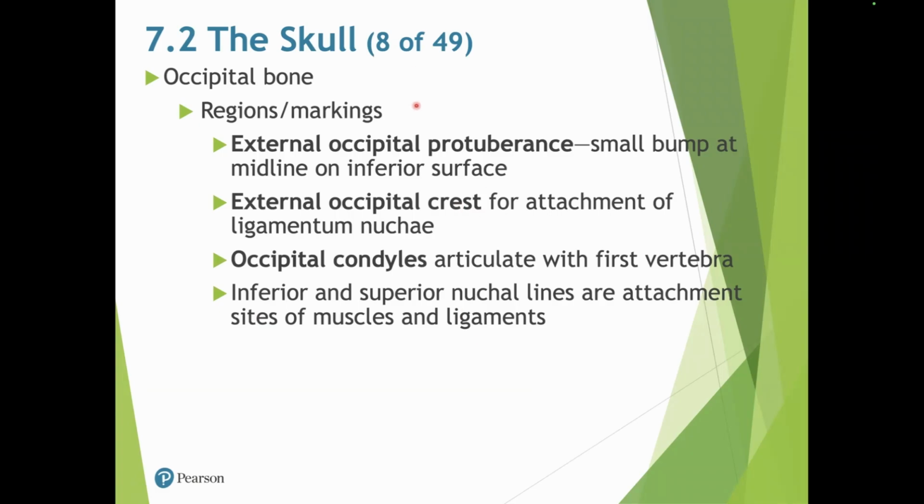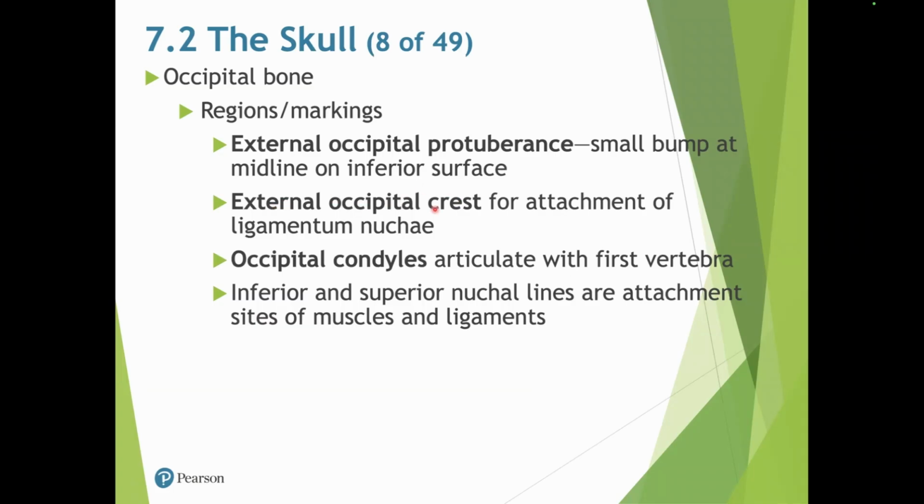It has very specific markings. You're going to have to learn all of these markings. You'll look at your lab and you'll see what specific markings you're going to be held to on your lab practicals. And so you have your external occipital protuberance, right? Think about it protruding, right? It's a small bump at the midline of the inferior surface. Then you have an external occipital crest.